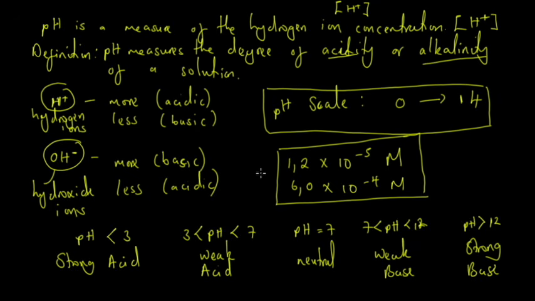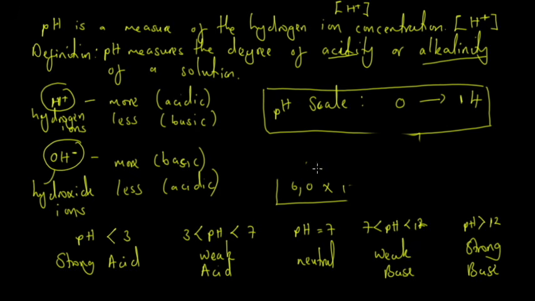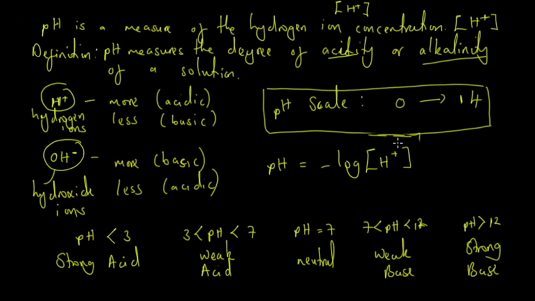Not to take you too much into the weeds, but essentially, this is where I was just illustrating why hydrogen ion concentration can be hard to understand intuitively. Okay, so pH is actually equal to negative log of the hydrogen ion concentration. Okay, so we are not changing anything really.